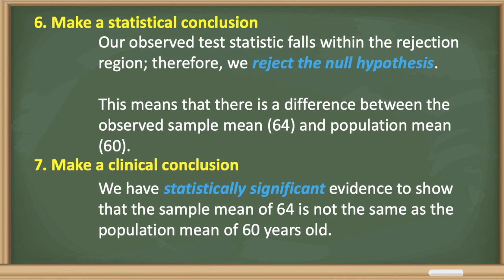Anytime we reject the null hypothesis, we are saying that we have statistically significant evidence to do so. So if you would, maybe jot that down somewhere. I'll give it to you again. Anytime we reject the null hypothesis, we are saying that we have statistically significant evidence. So again, for this particular problem, we have statistically significant evidence to show that the sample mean of 64 is not the same as the population mean of 60 years old.